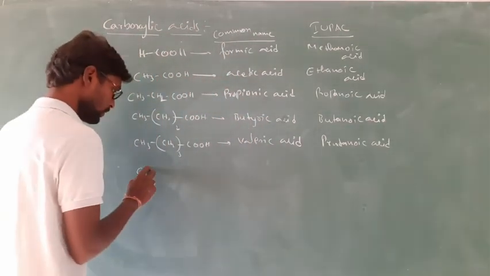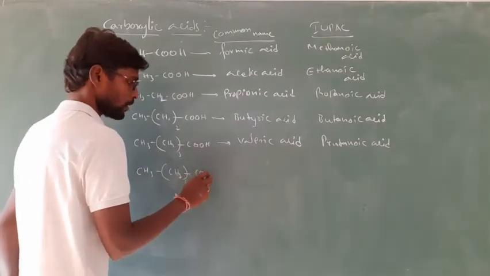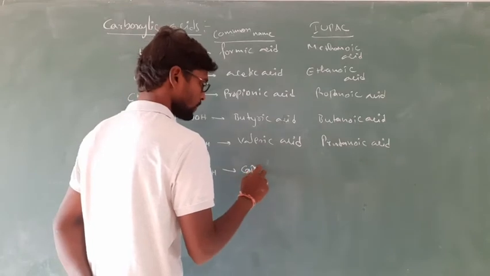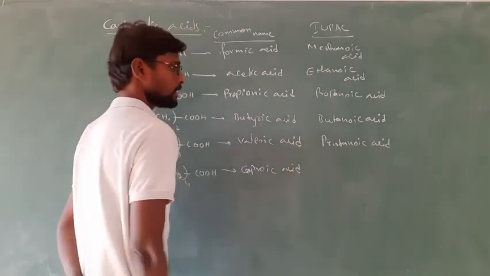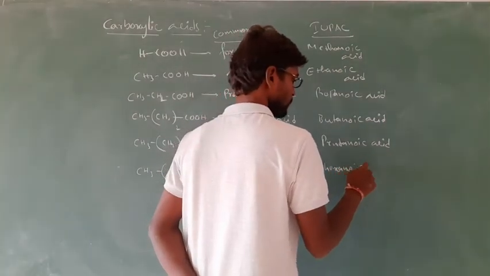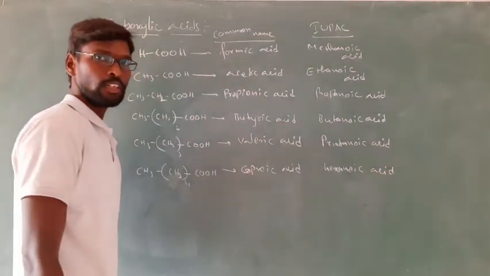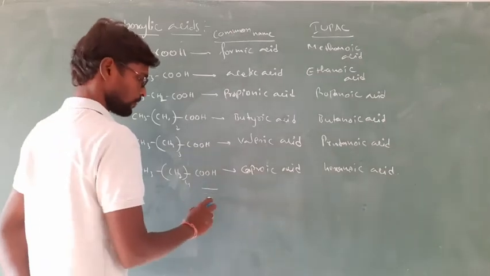Now the next homologous one, with 4 COOH, is called caproic acid, and here it is called hexanoic acid. So these are the basic carboxylic acids up to C6.